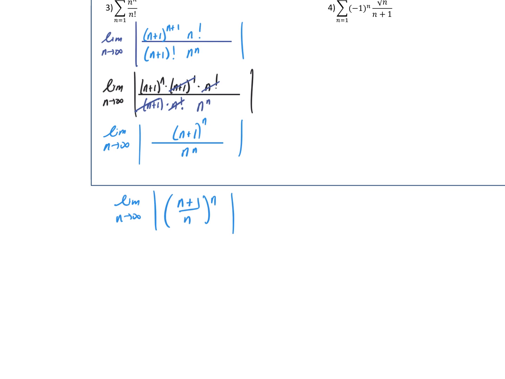I'm going to break this up. So this is something you need to just be aware of. So this is weird, right? We have a function raised to a function, but if you simplify this, if I break this up, you get n over n, which is 1 plus 1 over n to the nth power. This is the definition of E. So this equals E. So E is greater than 1, so this diverges.